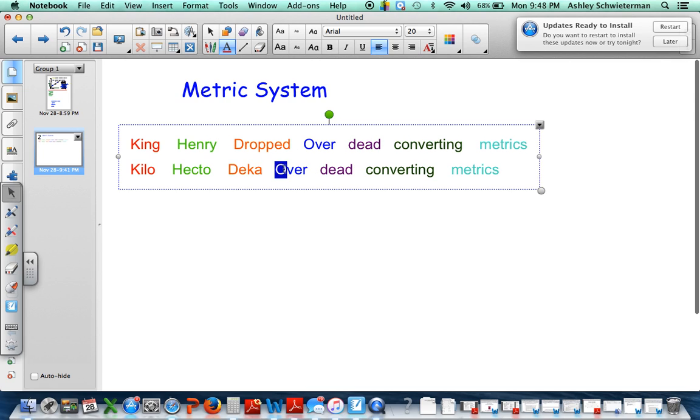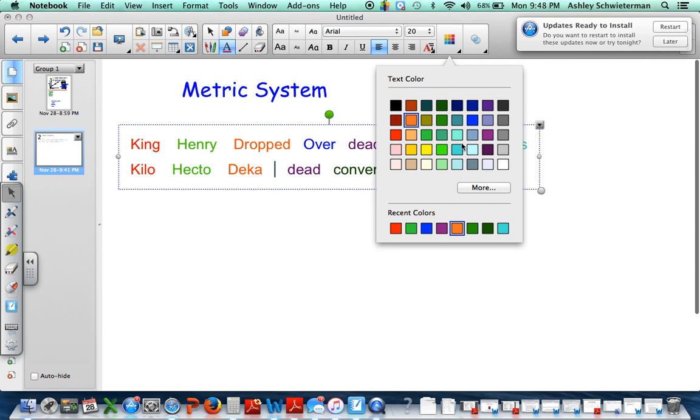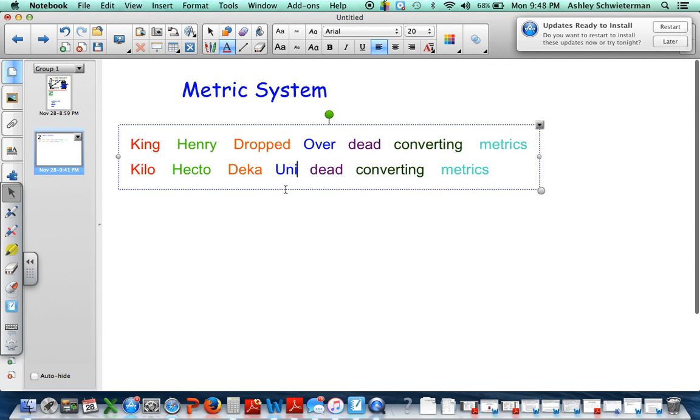This stands for units, so we'll get through that. We'll talk about that in a minute. Deci, centi, and milli.